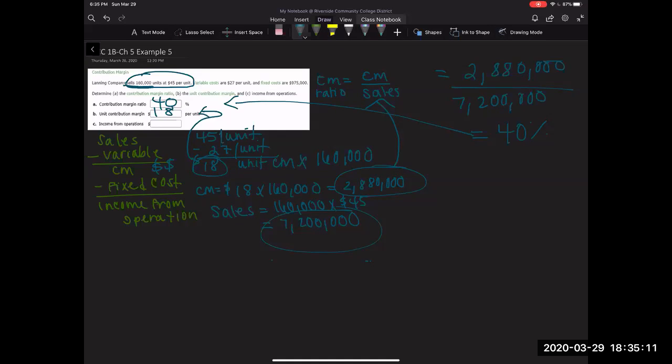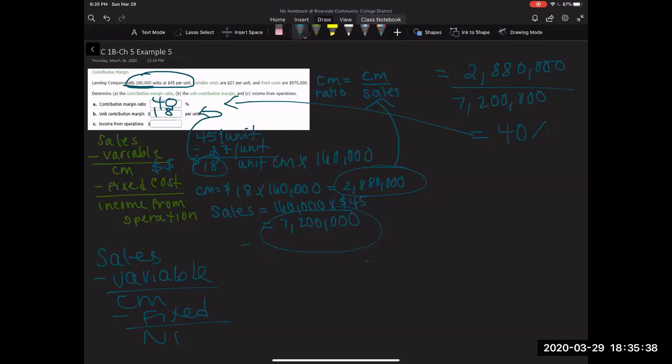All right, so last but not least, we need to figure out what is our income from operation. Now, I know this is sort of messy, but we can go ahead and fill this in, right? If we're following along with our formula, we have sales less variable equals contribution margin less our fixed cost equals our net income from operation.